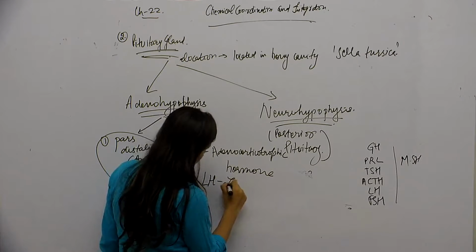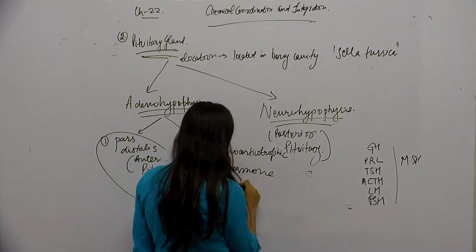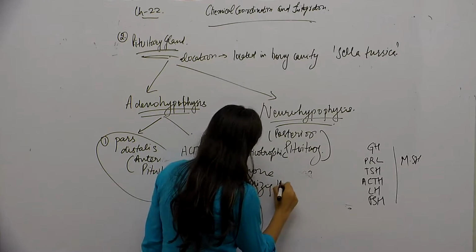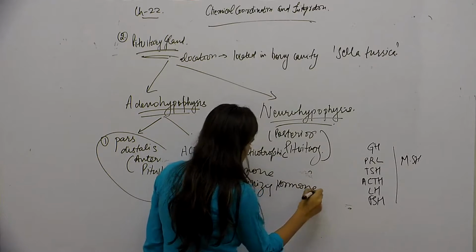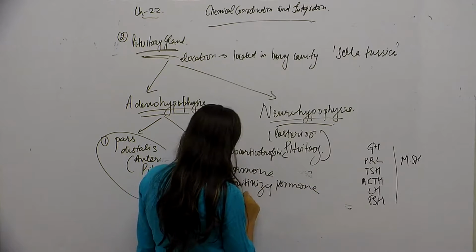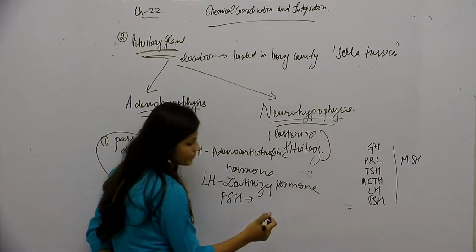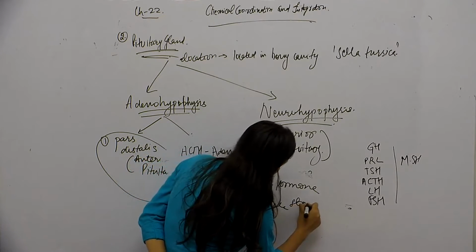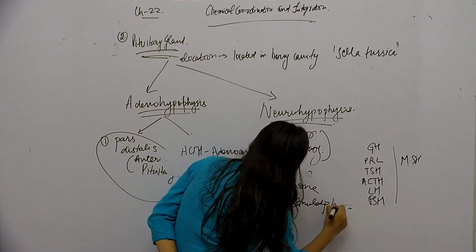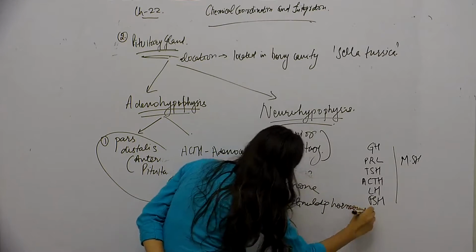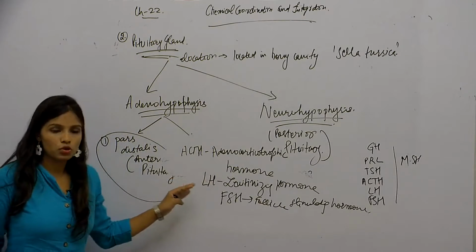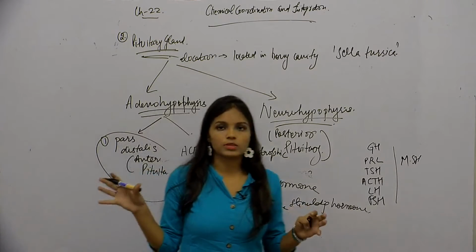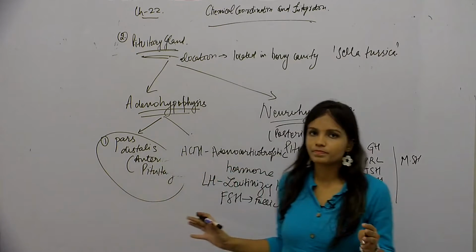LH, which is luteinizing hormone, and FSH, which is follicle stimulating hormone. Now each of these hormones has its specified function and specified work in the human body.